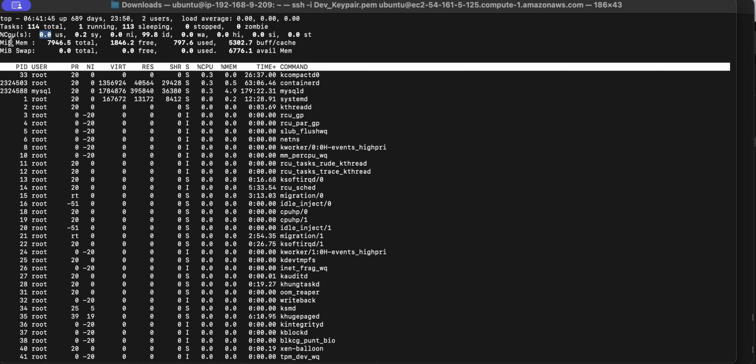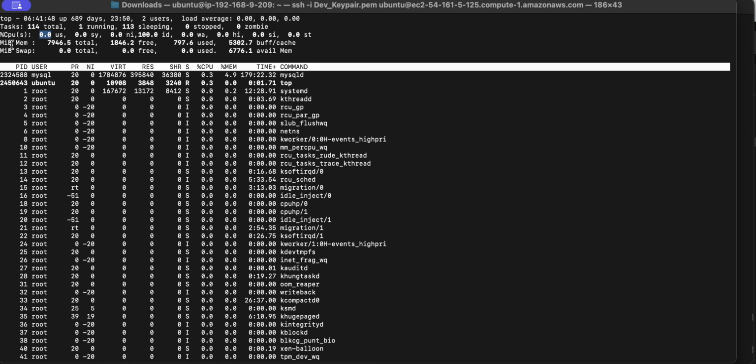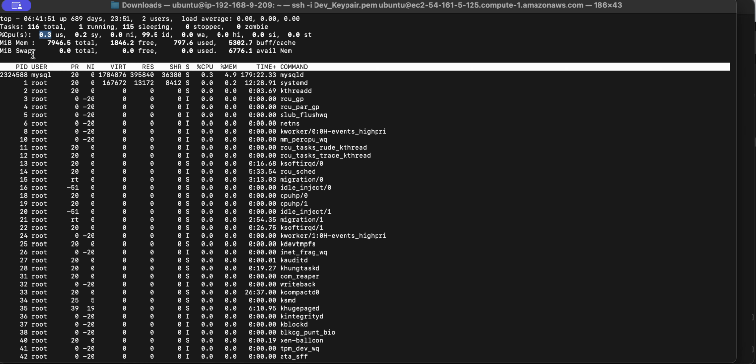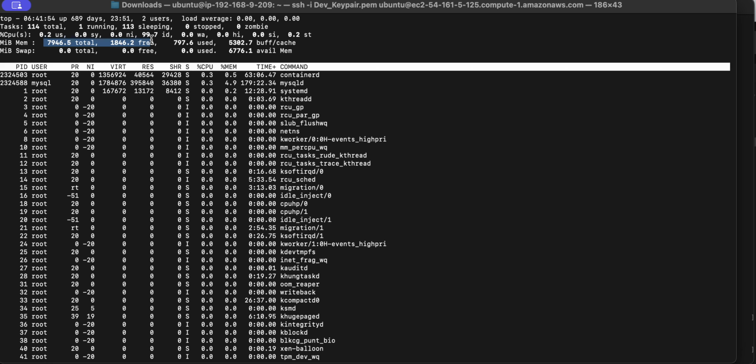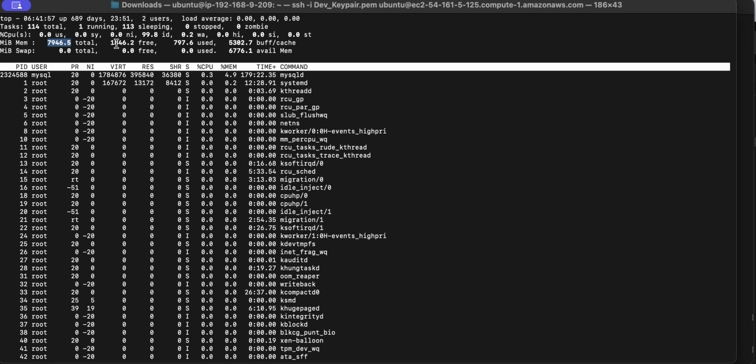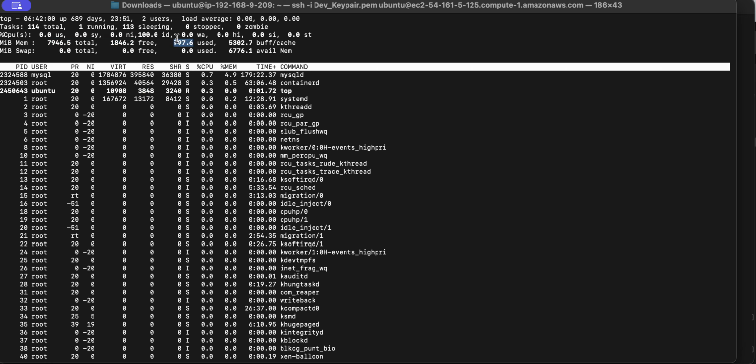Okay. Now I have MiB Mem and MiB Swap. Again, these are the same parts which we discussed. This is total memory, this is free memory, this is used memory, and this is memory in buffer cache.